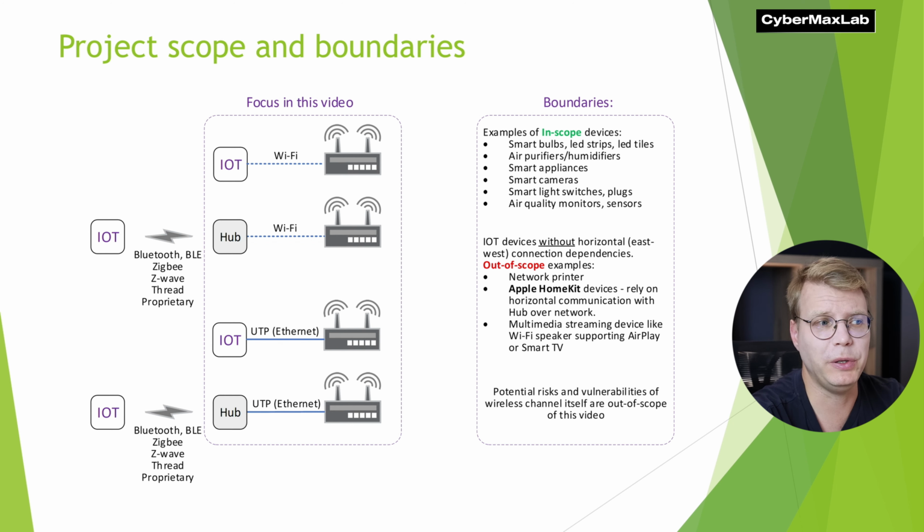Or a multimedia speaker, like a Wi-Fi speaker or an AirPlay smart TV. Right? These are out of scope, so we'll cover the rest. And also the potential risks and vulnerabilities of the wireless channel itself are out of scope of this video. We'll not touch WPA2, WPA3, key length or something like this, right? We'll just focus on the network portion.